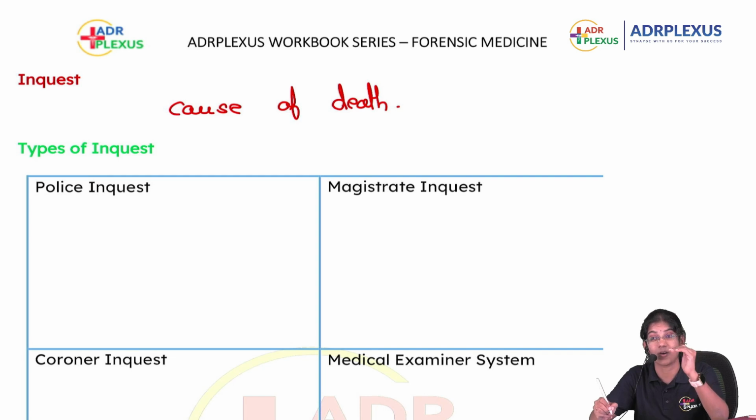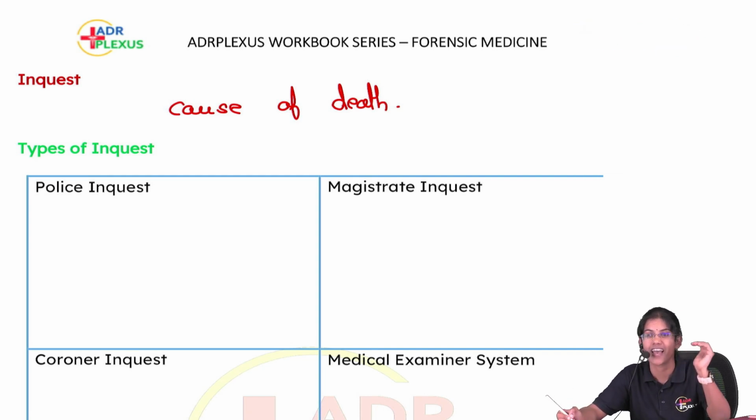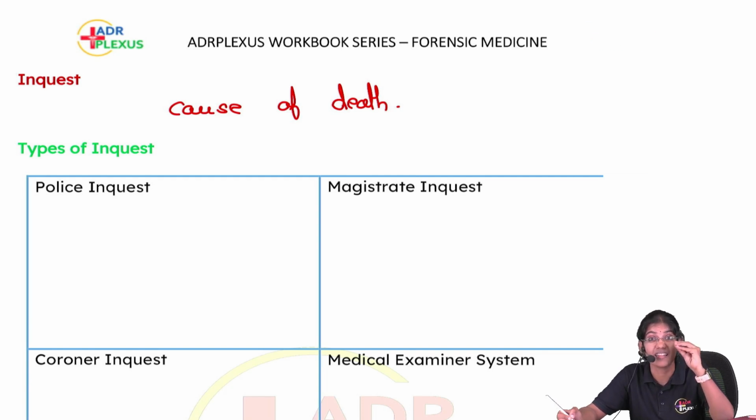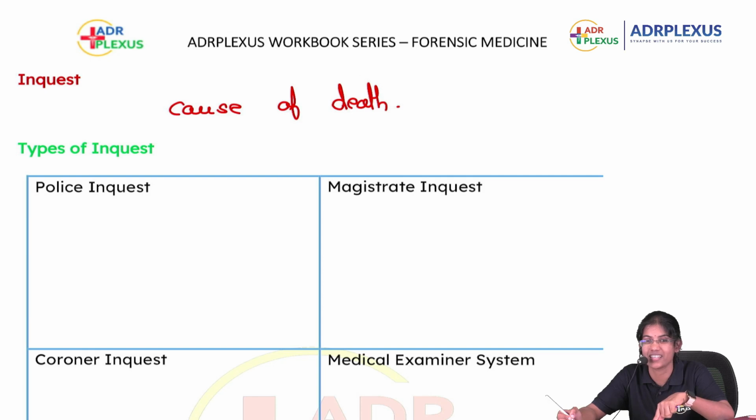Anywhere in the question or in the option, a magistrate does inquest in all of the cases except, and they have given, gang rape. Okay. Now remember, when we say gang rape, the death has not yet happened, the person is still a survivor, right? Which means an inquest is not needed.